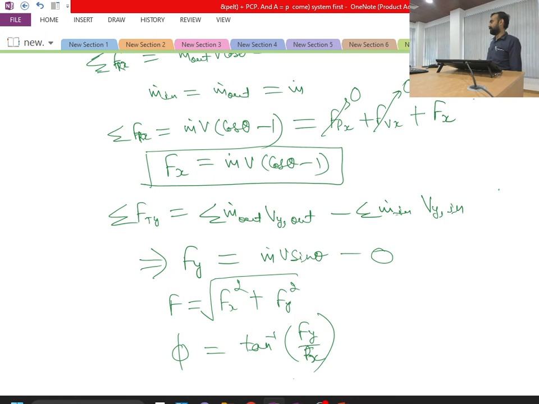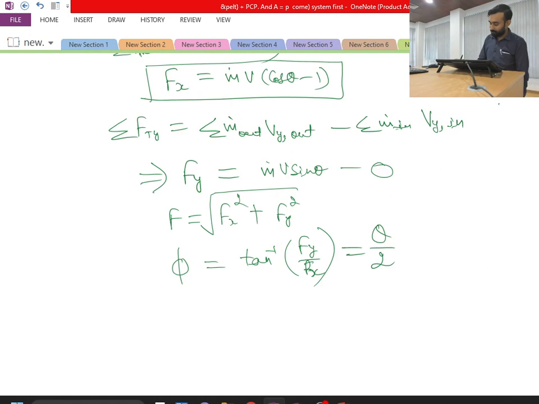That will be the angle at which it will be acting. And if you calculate this angle, it comes out to be theta by 2. So if you calculate phi equal to tan inverse Fy by Fx, it comes out to be theta by 2. Just apply simple trigonometric relations.